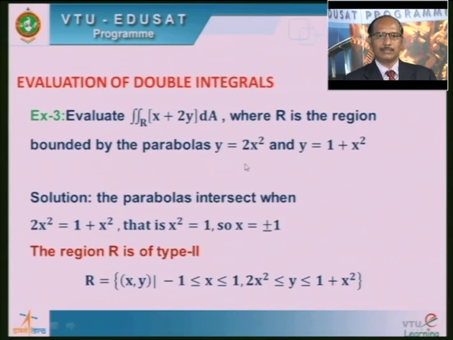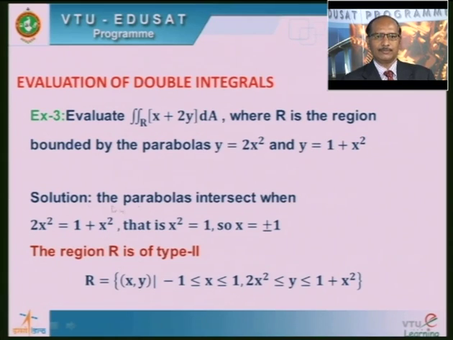There are two parabolas, y is equal to 2x square and y is equal to 1 plus x square. To find out where they are intersecting, by solving these two or plotting these two on graph paper, you can easily identify where the x limits are. So solving them, y is equal to 2x square, substituting the y value here, 2x square is equal to 1 plus x square.